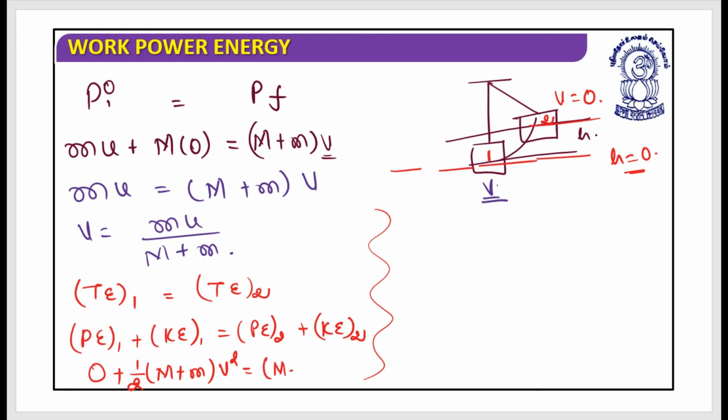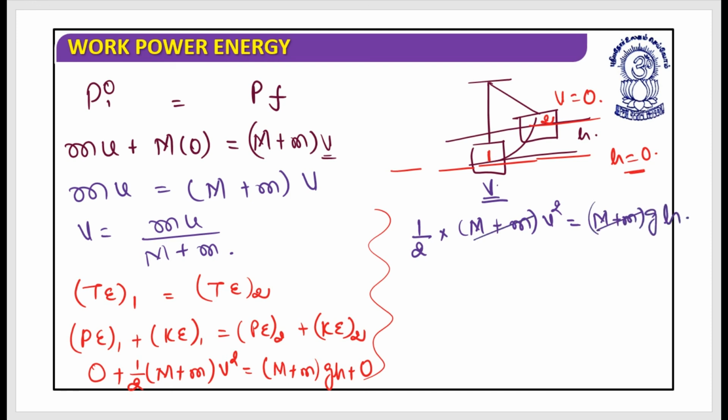The potential energy of the second is (m plus m) into g into h, plus kinetic energy, which was 0. So 1 by 2 multiplied by (m plus m) into v square equals (m plus m) into g into h.